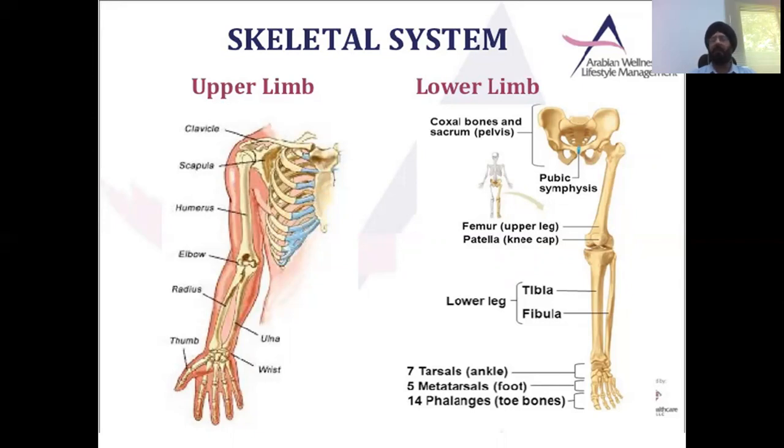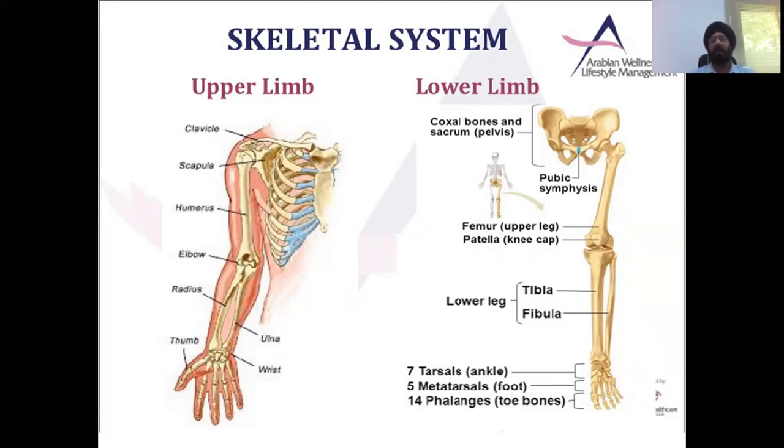The upper arm is formed of humerus, which connects to the lower arm with the elbow joint. Now the lower arm has 2 bones, one on the lateral side, one on the medial side. Radius is placed on the lateral side of the lower arm, means in line with the thumb bone.